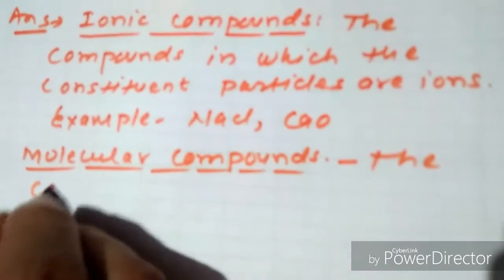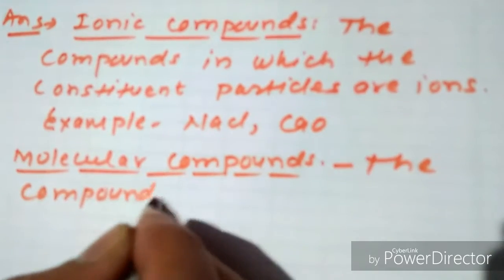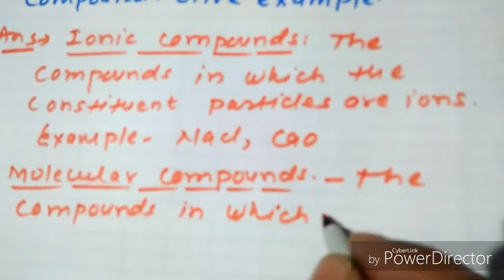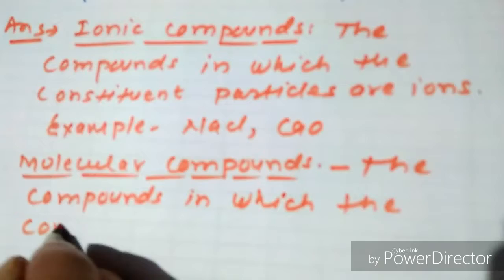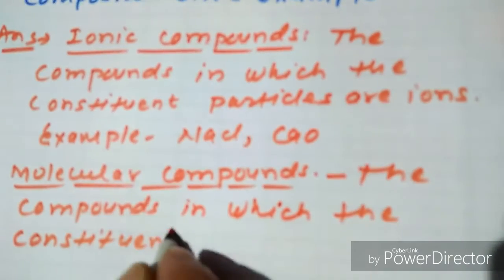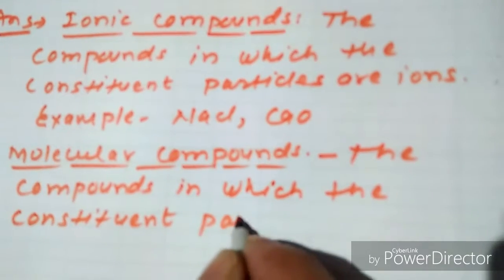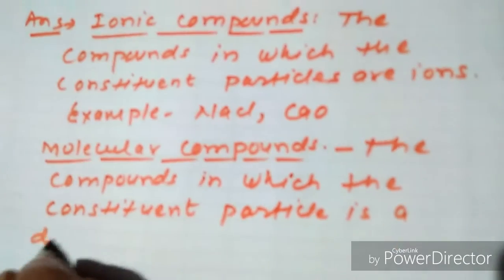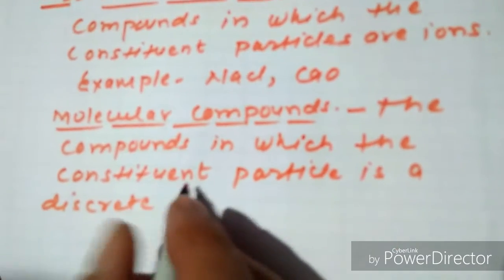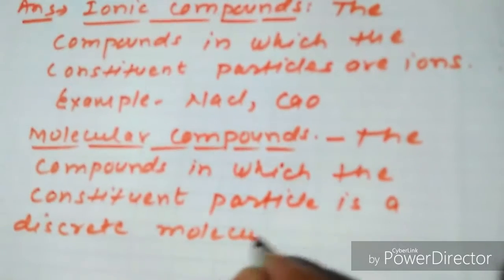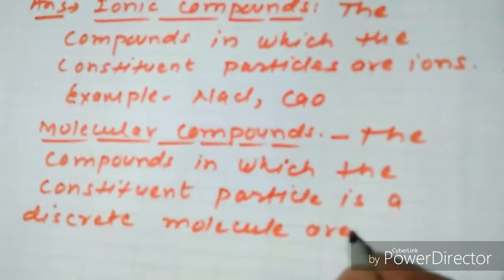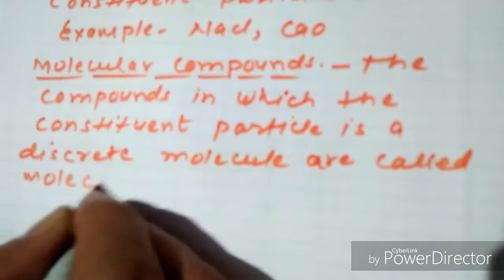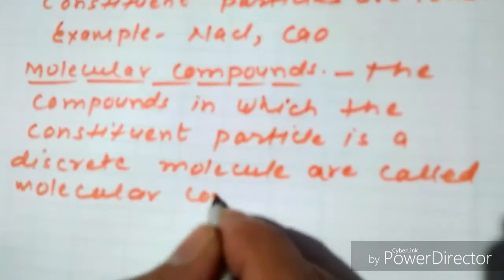The compounds in which the constituent particle is a discrete molecule are called molecular compounds.